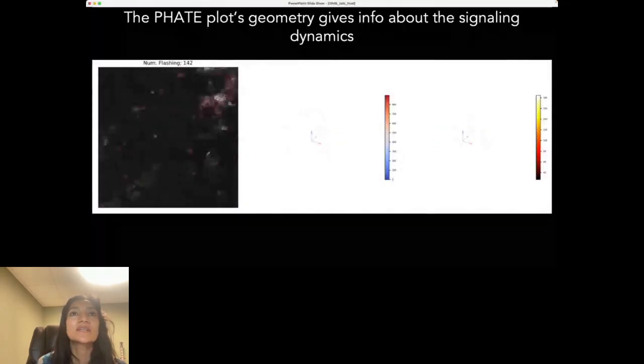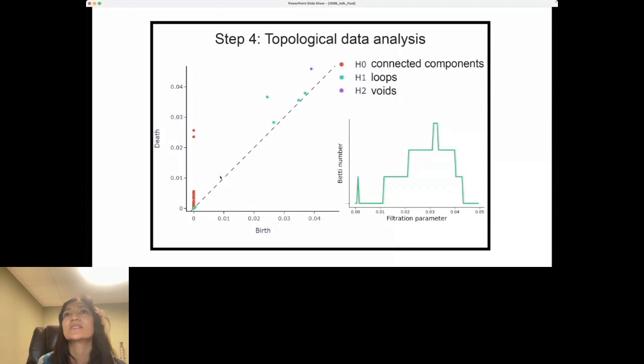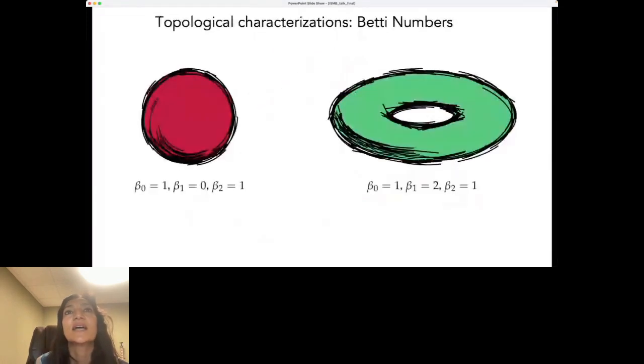And we're able to capture the very nice looping structures using persistent homology. In topological data analysis, we can count the connected components, loops, and 3D-type looping structures, and these topological characterizations all come from TDA, where you're counting the number of holes in any kind of system.